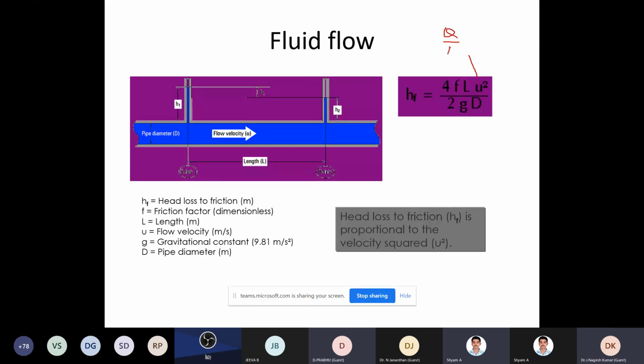Now velocity squared is Q squared by A squared, so A squared comes to the bottom. A squared is nothing but pi D squared by 4, so D squared is inside this A, and D squared will give you D power 4. So actually if you see this HF, the frictional loss is inversely proportional to the fifth power of the diameter, power 5.